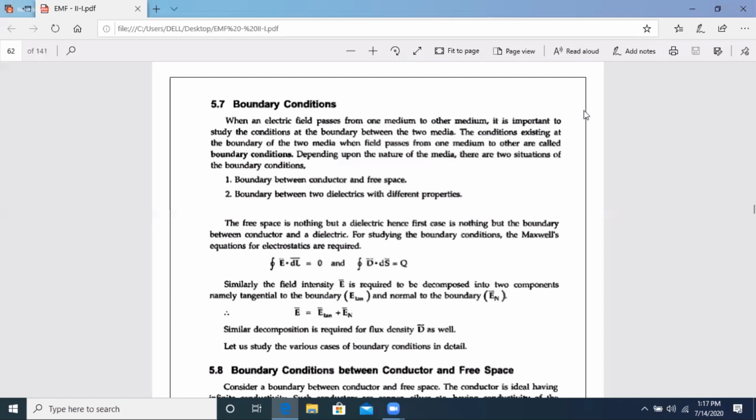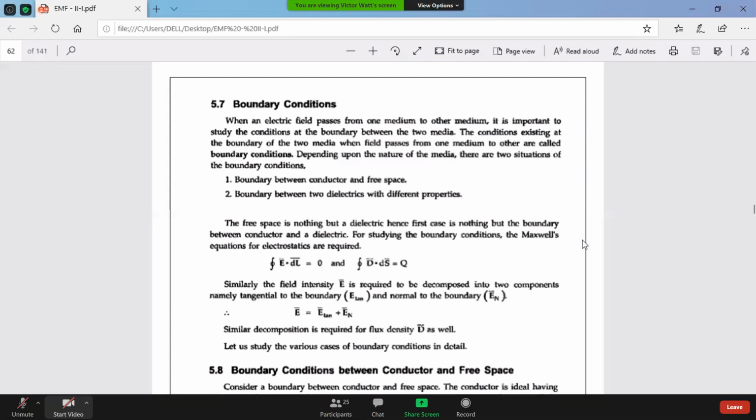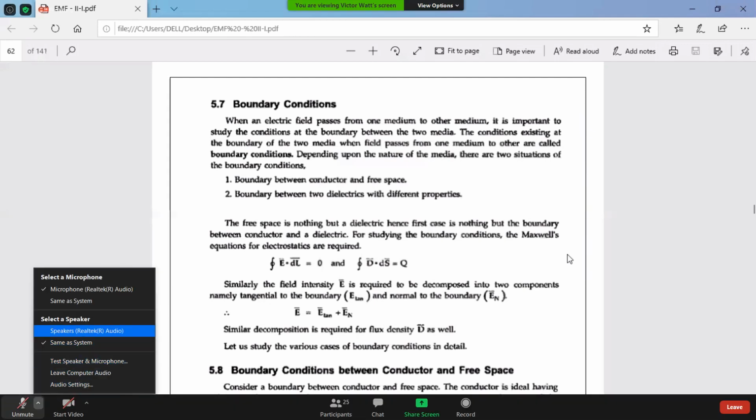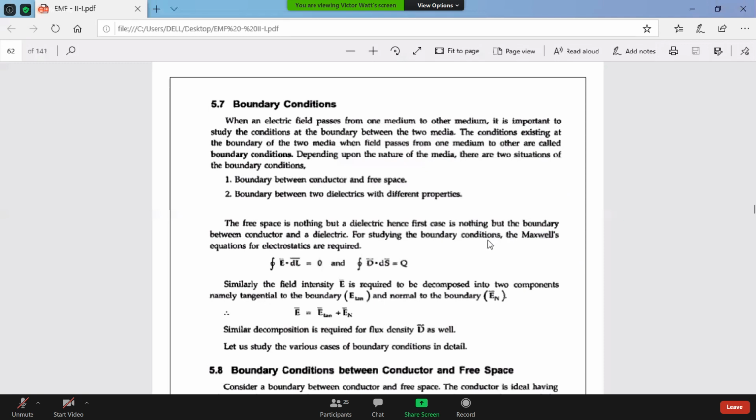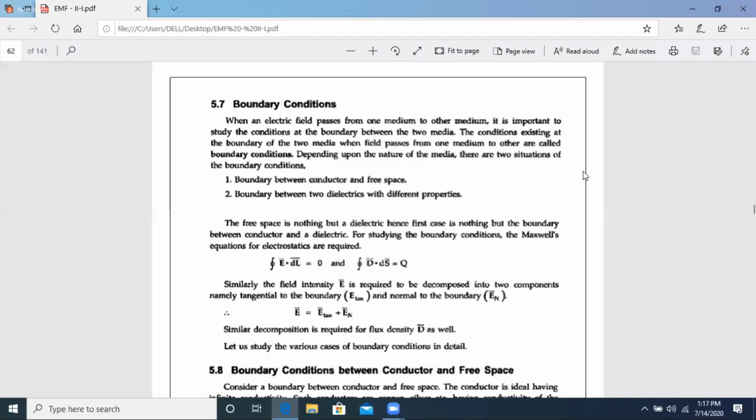That is, if this is your boundary, and this is your field hitting the boundary at an angle, we are going to resolve it into the tangential component and the normal component.